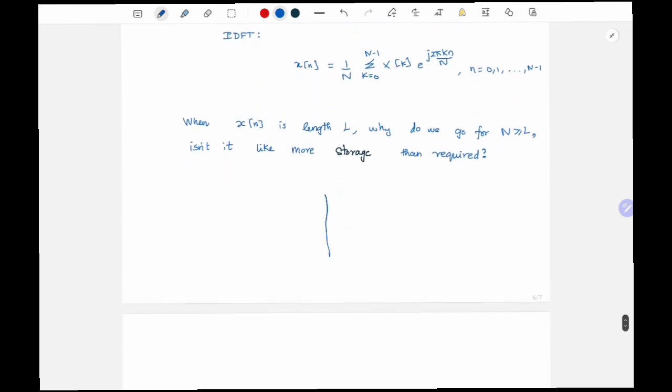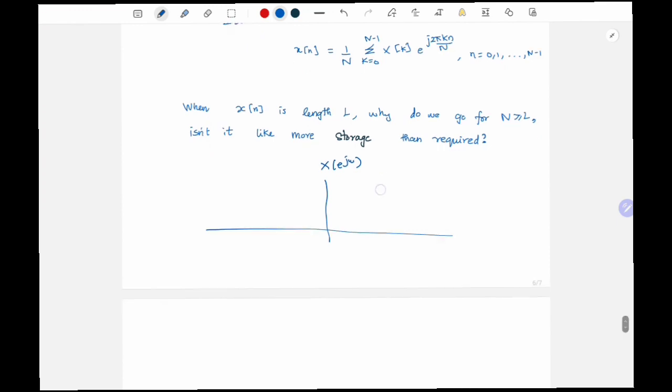So if you had the X(e^jω), you have something like this. I'll consider only this, minus π to π. So if I sample with just N equal to 2 points or 3 points, what will I get? I'll get 1 here and 0 here, right? This doesn't give me any information.